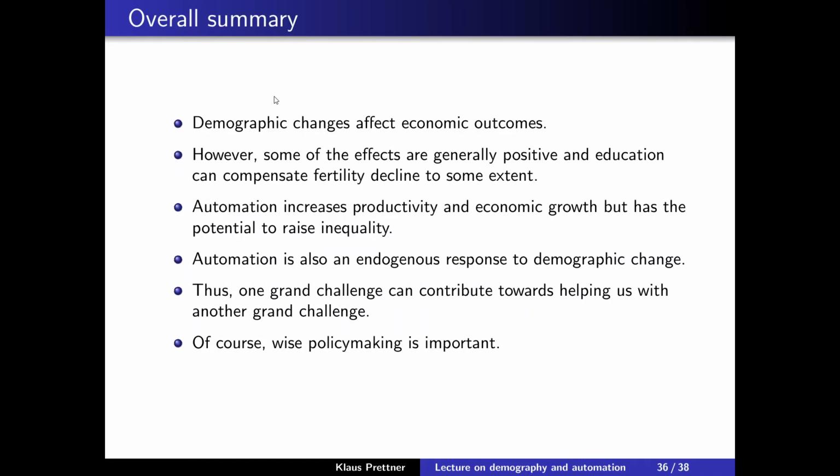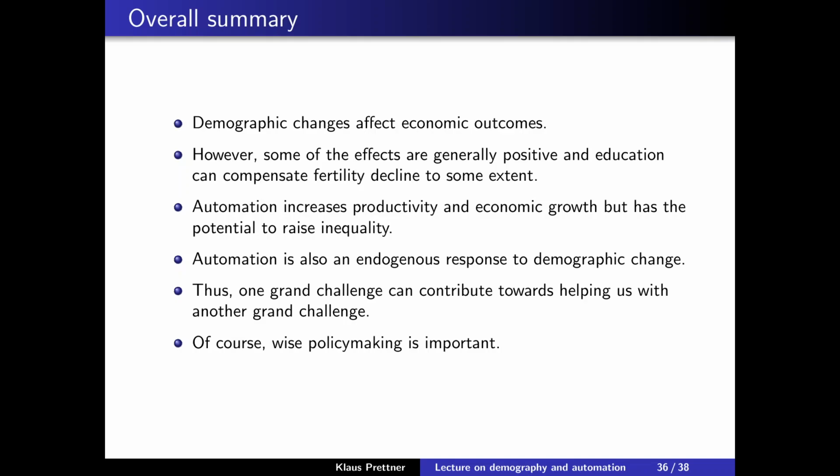So now we can come to the overall summary of the whole presentation, and that is that demographic changes affect economic outcomes, but the effects are more positive than perhaps the alarmist view would suggest. So increasing life expectancy is by itself something that we would value, and in addition we've shown that it can increase economic growth.